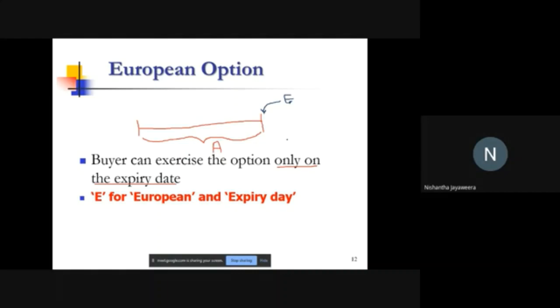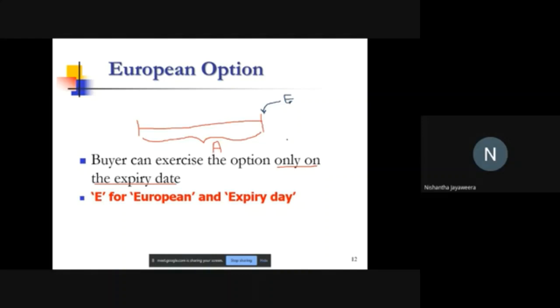Same underlying, the same expiry date and the same strike price, because the price may change depending on the strike and the maturity. All those things we'll discuss in future. With American and European style and all the others remaining the same, American options have higher prices than European options.